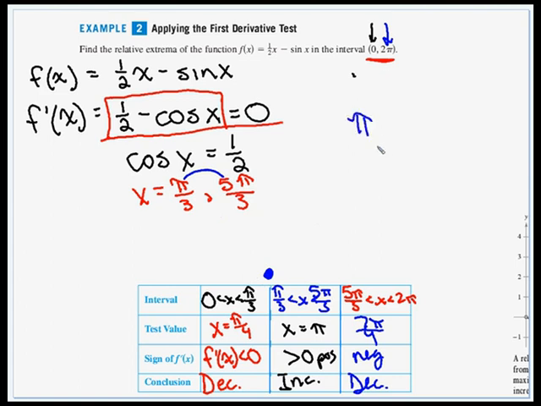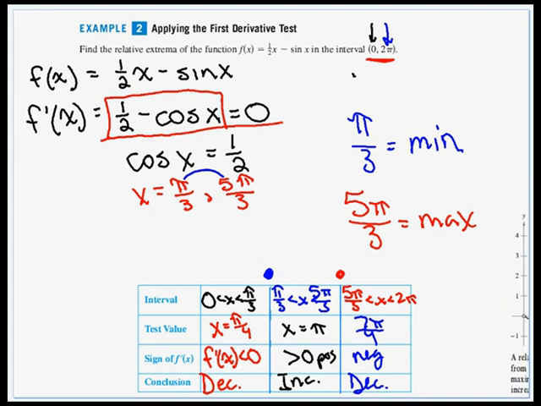So pi over 3 is a min. And the other critical number, 5/3 pi: our function on the left was increasing. We hit the critical number and then we are decreasing. So we know that this critical number, 5/3 pi, is a relative max.